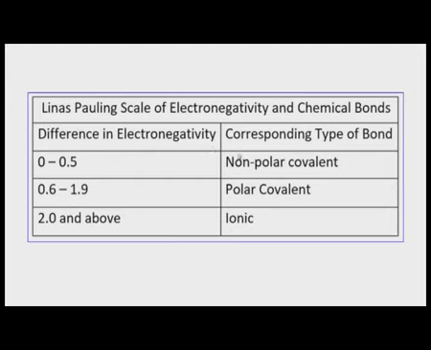If we consider that the bond is forming between A and B, and A has a particular electronegativity from the scale, we consider the corresponding difference. Now, the difference will tell us the corresponding nature of the bond.